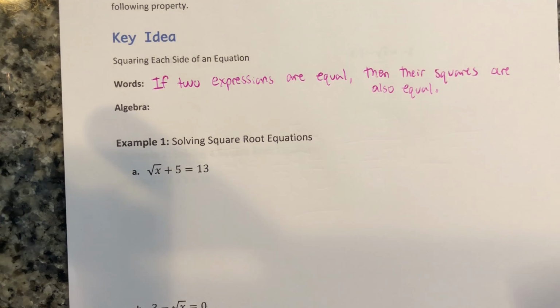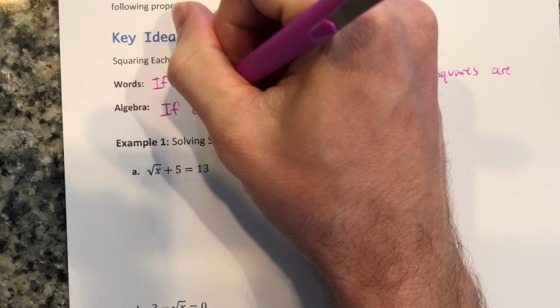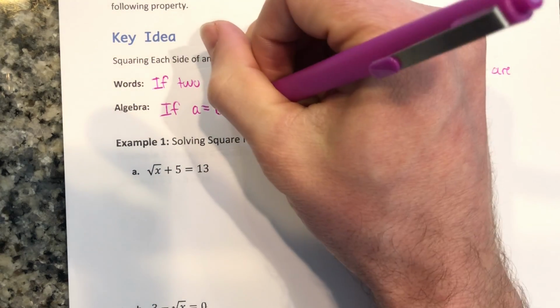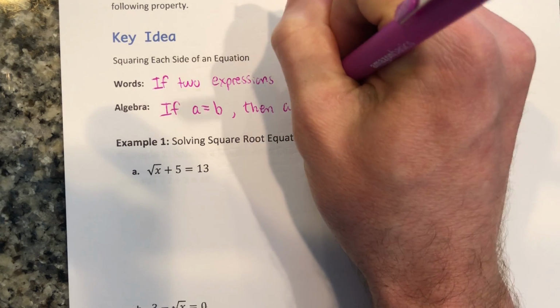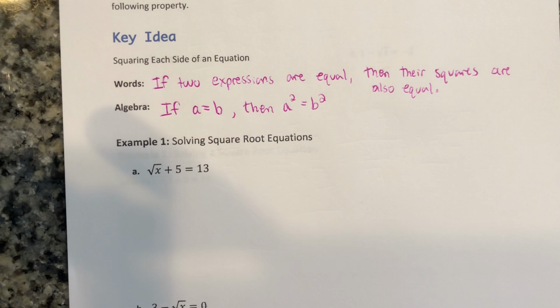So what does that look like on the algebra side of it? They're saying this: if we have a equaling b, then a squared equals b squared. So that's going to help us to where we can now use that idea. And again, like I said, we used it earlier on to solve these equations.